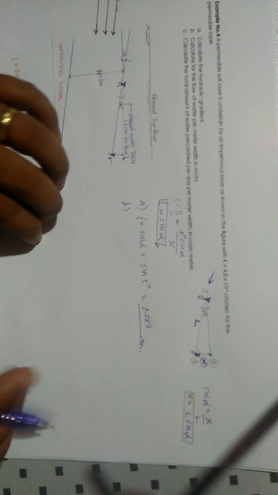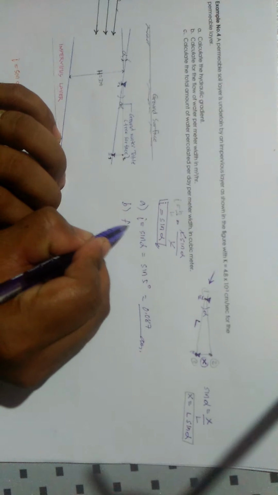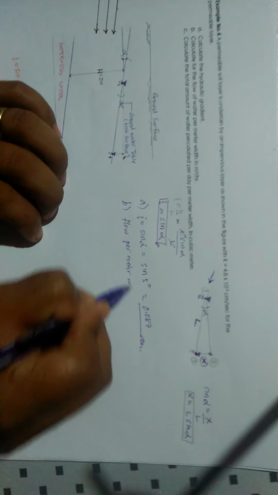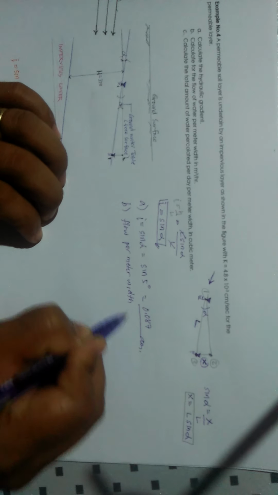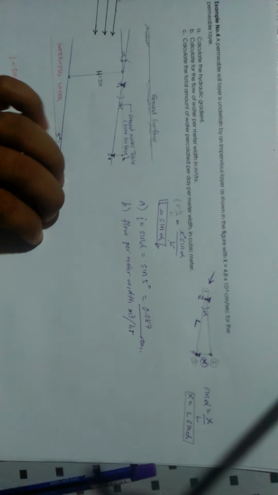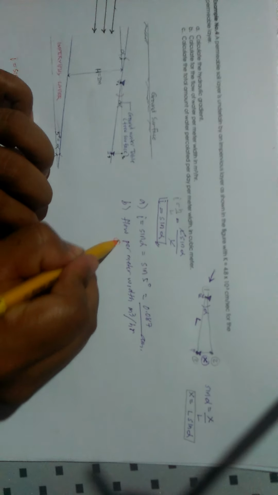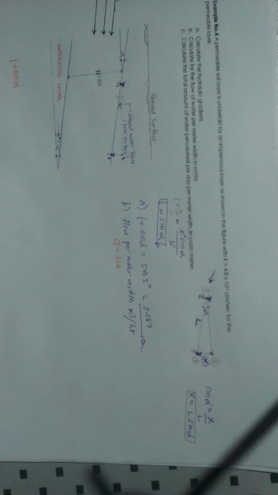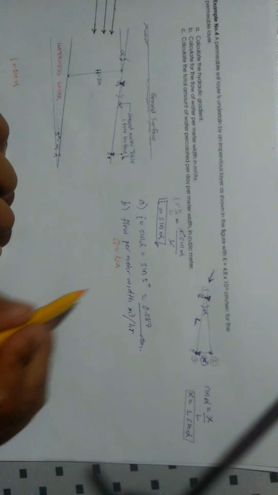So ngayon, flow per meter width in cubic meter per hour. Okay? So ang formula natin is still Q is equal to K i A. Okay? Q is equal to K i A.